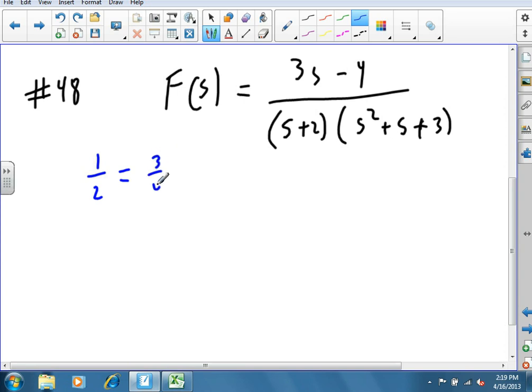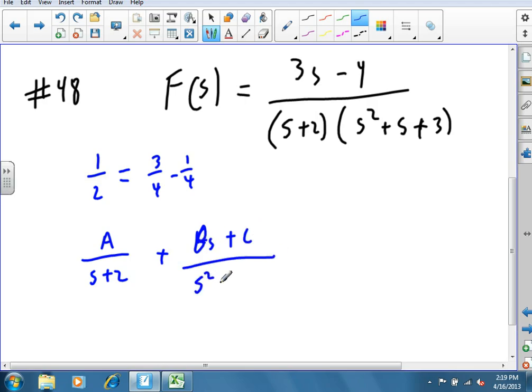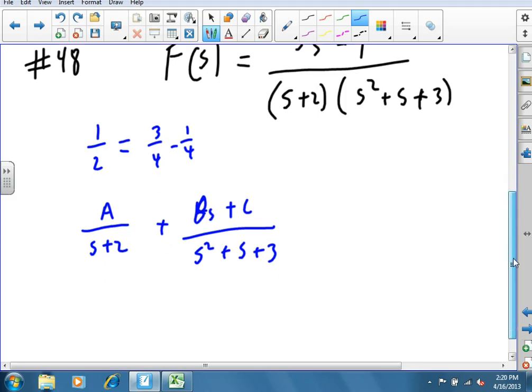It could be 3/4 minus 1/4, right? So I know the answer is that. And so the question is, if I have a over s plus 2 plus bs plus c over s squared plus s plus 3, then what's a, b, and c?